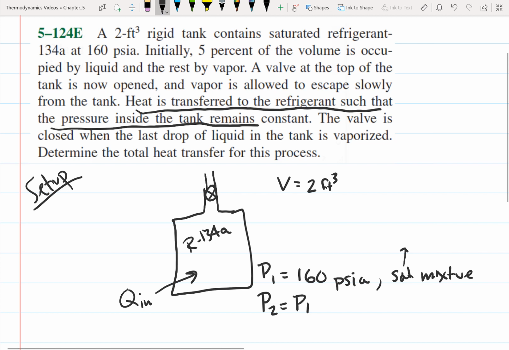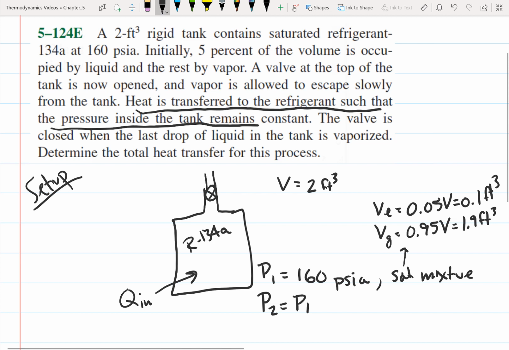So in this saturated mixture, the volume of the liquid is 5% of the volume, so 0.05 V, which is 0.1 feet cubed, and the volume of the vapor is 0.95 V, which is 1.9 feet cubed.